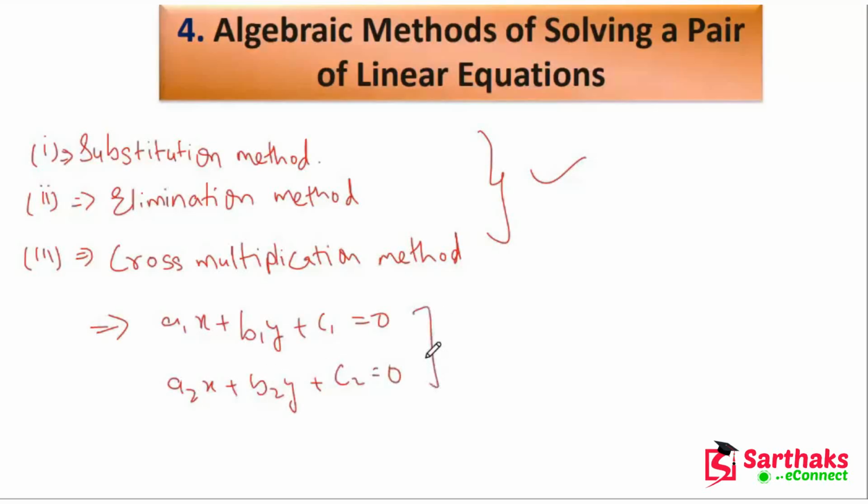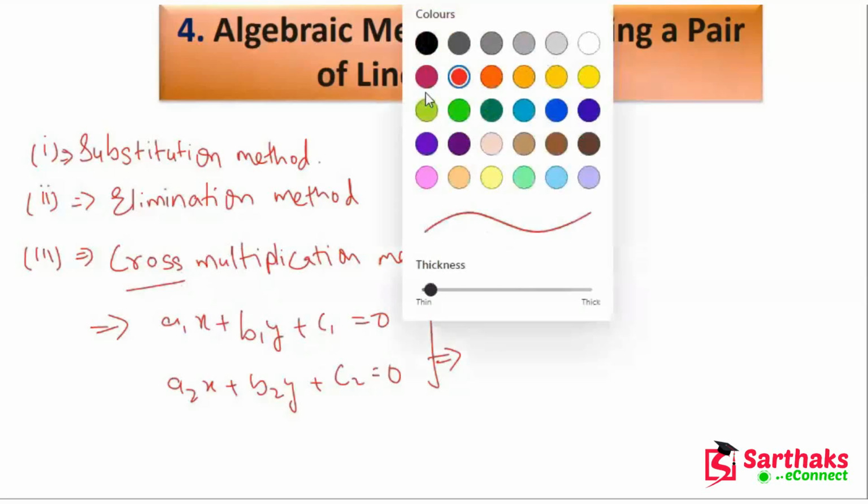So friends, we have a pair of linear equations in two variables, and we have to solve them by algebraic methods. What are these methods? Substitution method, elimination method, and cross multiplication method. Step by step we will see each of the methods. Okay, so now let's start.